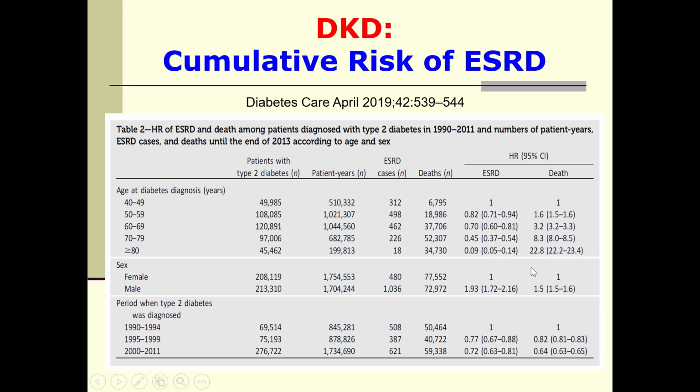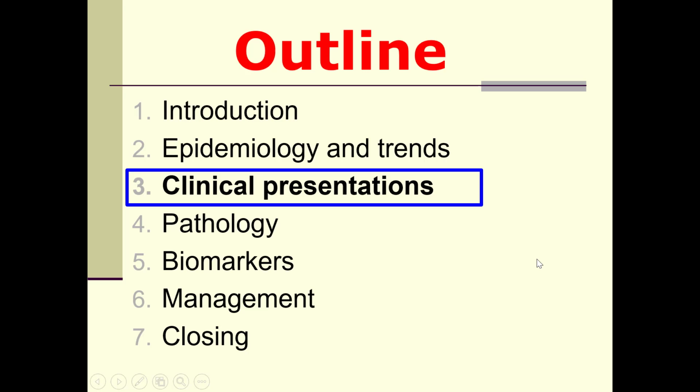So this competes with the hazard risk of end-stage kidney disease according to the age of the patient. The highest risk for end-stage kidney disease is if type 2 diabetes is diagnosed in this age range. And the older the age, the lower the hazard risk of end-stage kidney disease, and at the same moment, the higher the risk of mortality, as you see.